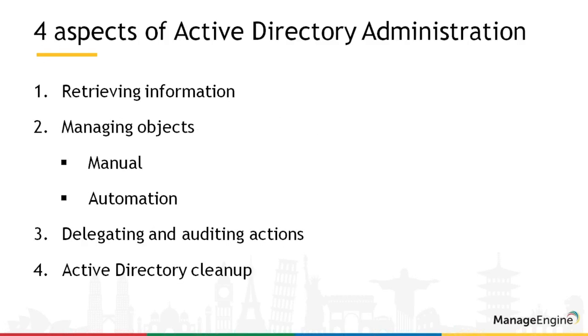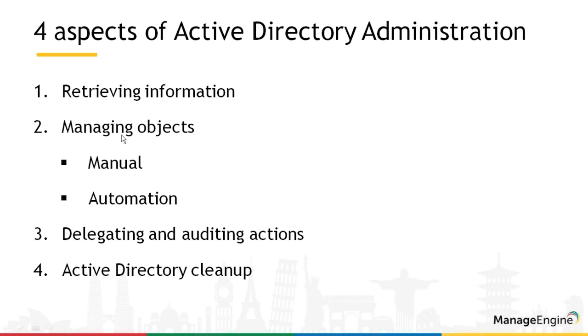Let's get started with the four aspects of Active Directory management. Administrators in most organizations, when it comes to object management, have these four responsibilities. The first one is that they need to be able to retrieve information from Active Directory.